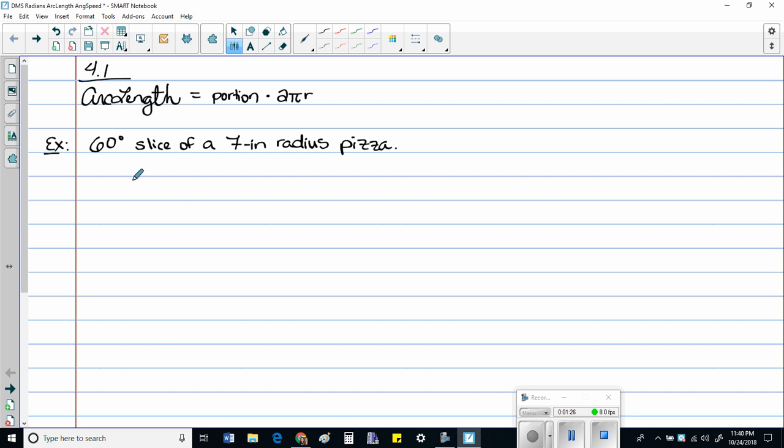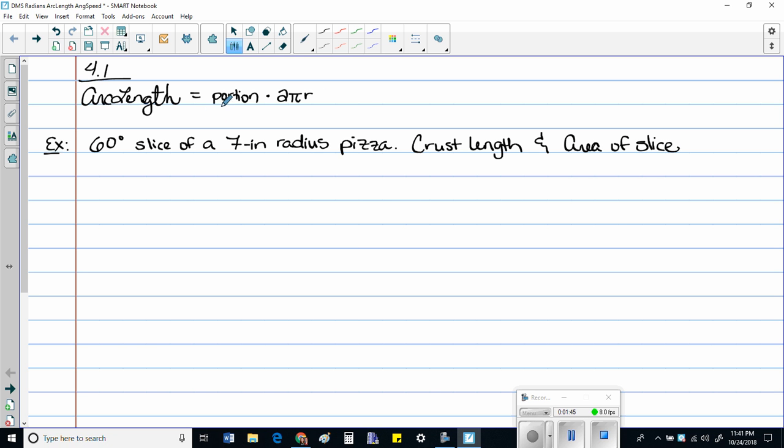And we want the arc length, so the crust length, and the area of the slice.